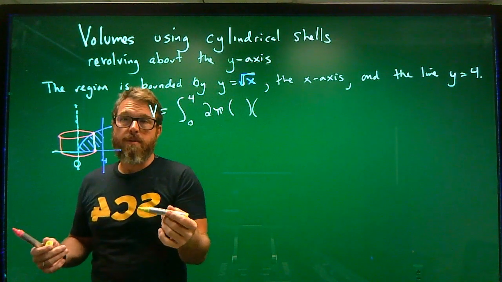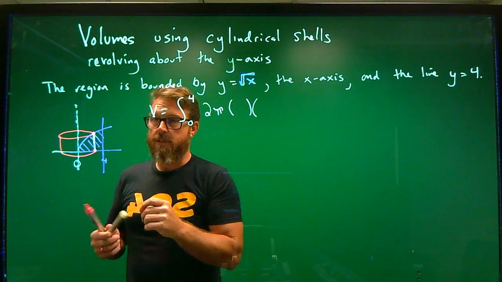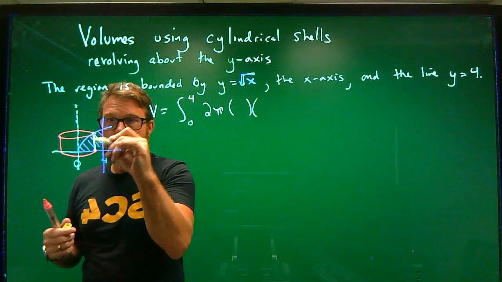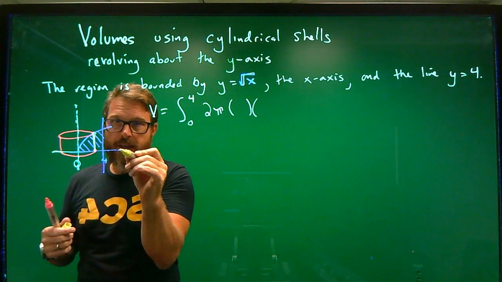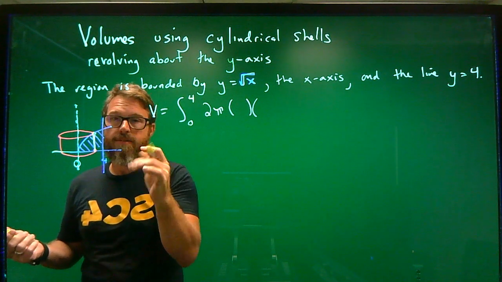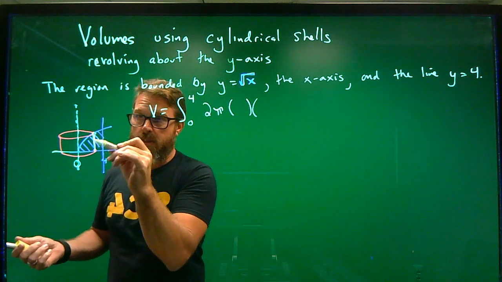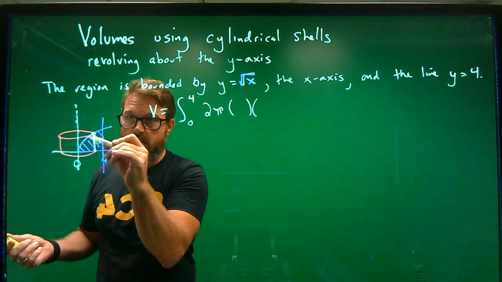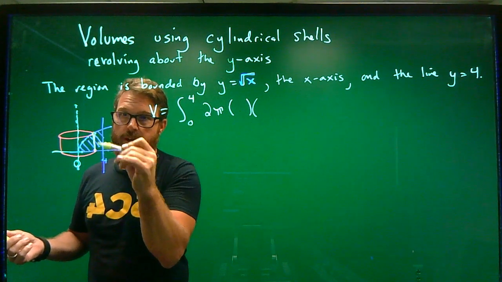So the height is really the subtraction of these two dots here. Now the top dot lives on that square root function, and the bottom dot lives on the x-axis. So really what we have to do is subtract the functions the dots live on. As we slide over here, the dot's going to be here, and so on. So regardless, this is going to be root x minus 0, root x minus 0, and so on.